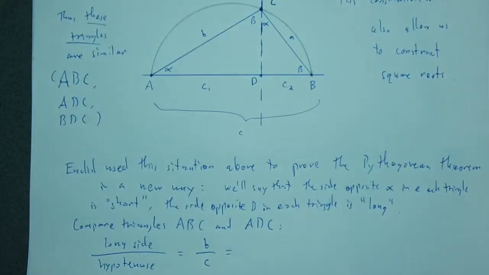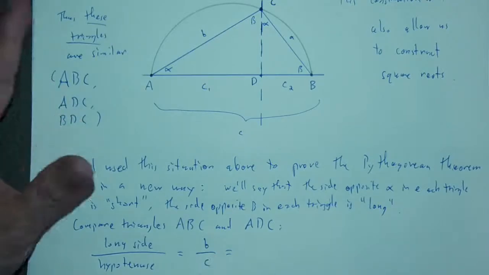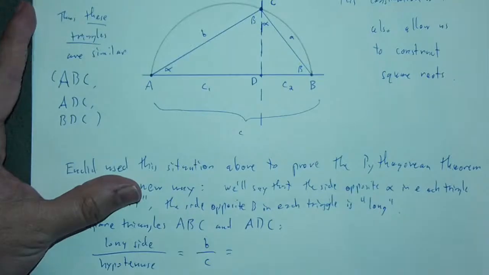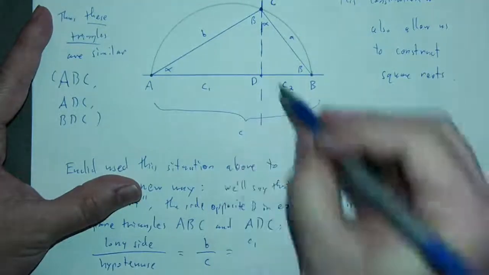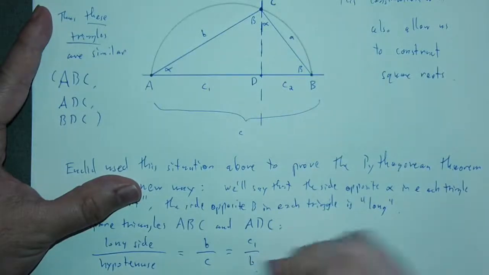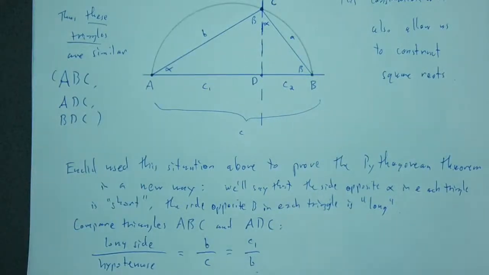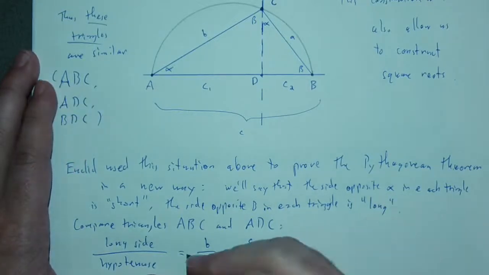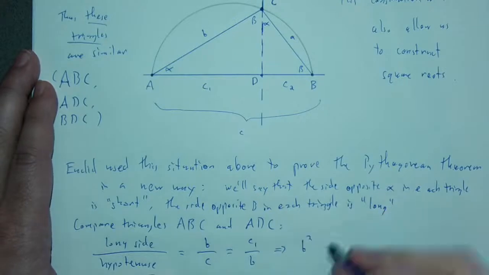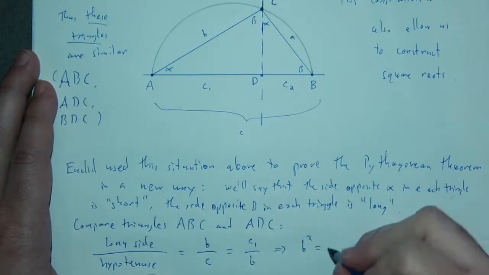Long side over hypotenuse is then C sub 1 over B, since C sub 1 is the long side and the hypotenuse is B. So B over C is C sub 1 over B, which implies that B squared is C times C sub 1.